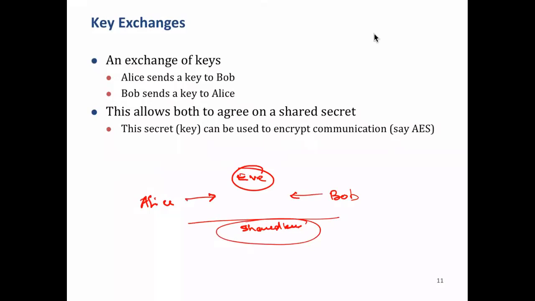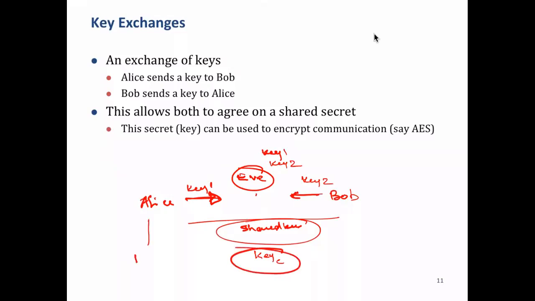So Alice is sending something, Bob is sending something, and Eve can see that. Okay, so Alice sends a key to Bob. Bob sends some key, say key 1, key 2, to Alice, and Eve can see both key 1 and key 2. And then finally they agree on, say, a common key. So both can derive it by exchange of messages.